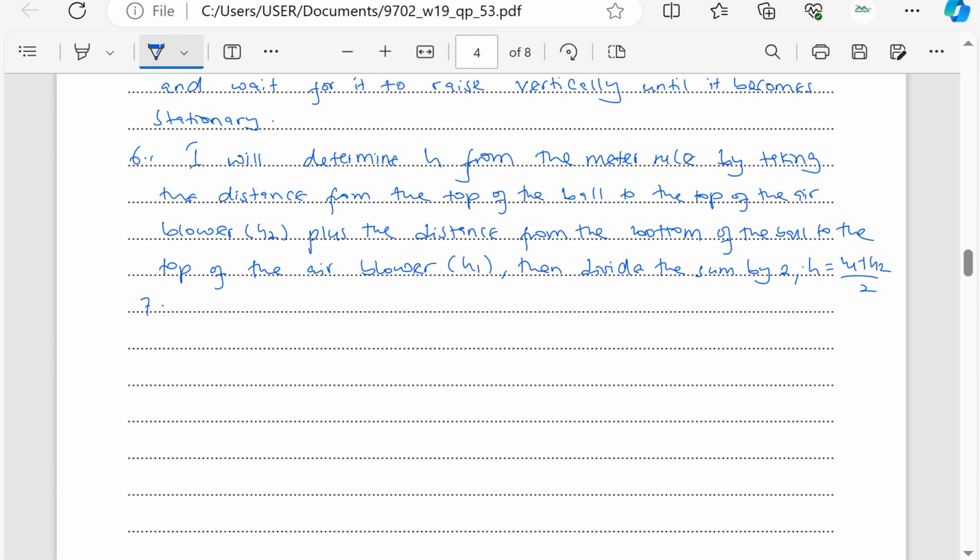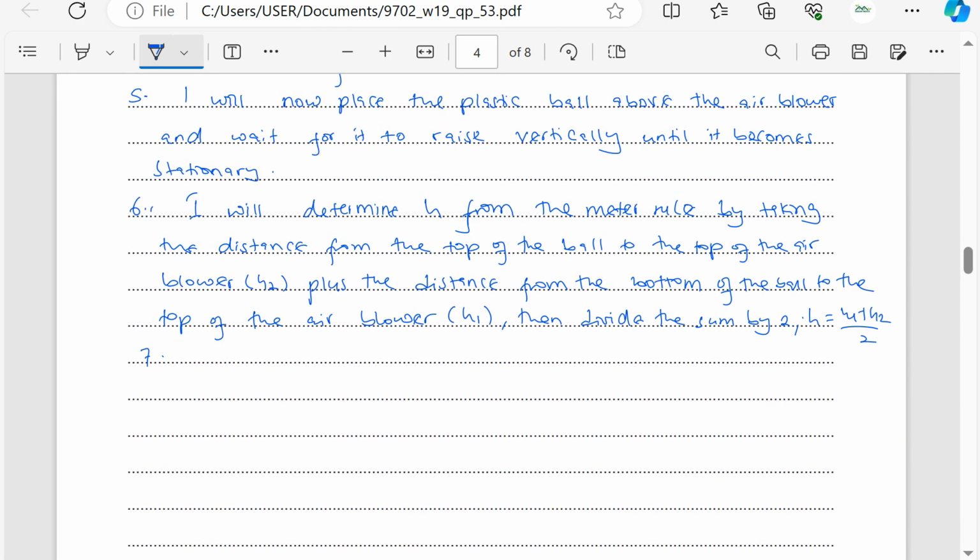In step number 7, of course, I will now remove the ball. You will not just grab it with your hands, because you want to replace the ball with another ball of a different diameter, because you have to change the radius, remember. So you have to choose a ball of a different diameter. You repeat the steps to measure its radius, and then place it on top of the air blower.